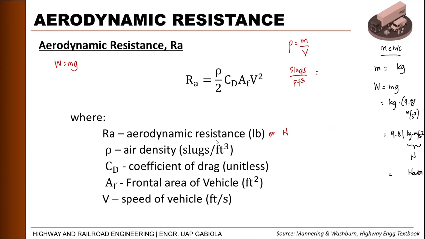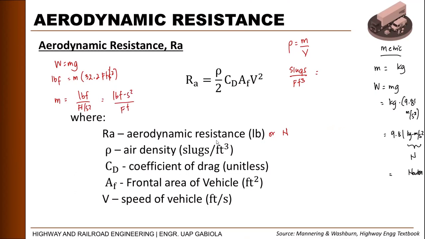Dito sa English system natin, ganun din. So, yung pound kasi is a force, or dapat pound force yung tawag sa kanya. May F siya dun sa subscript. Pero minsan, pound lang sinasabi natin, di ba? And then, we have M times, yung gravity natin sa English system is 32.2 feet per second square. So, ibig sabihin, yung value ng mass is pound force all over feet per second square, or pound force second square all over feet.